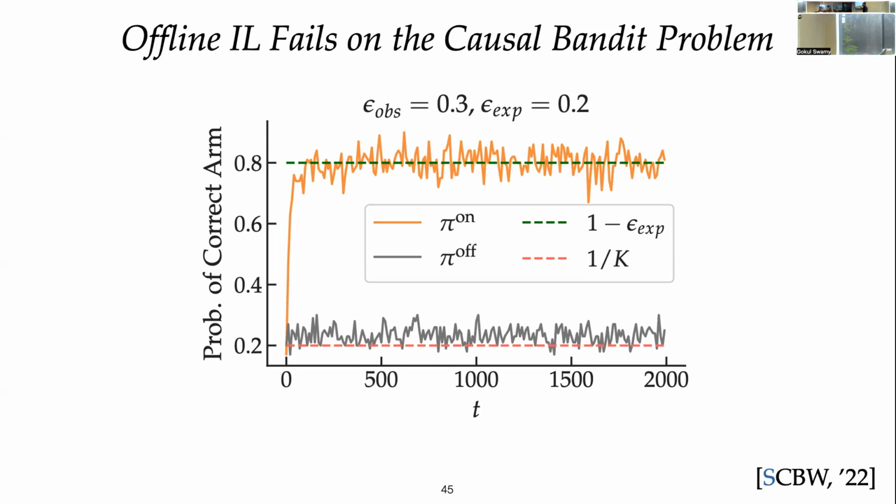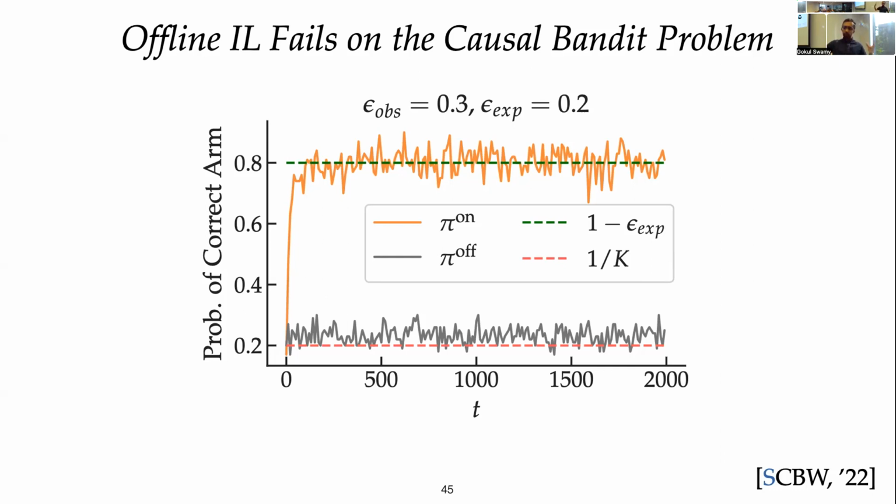If you look at a single trajectory of what the off-policy algorithm does, at the first time step it has no information. It has a uniform prior over which arm is the best, so it picks a random one. Then for the rest of the episode, it just keeps pulling that arm over and over again, completely ignoring the feedback that it's pulled the wrong arm.